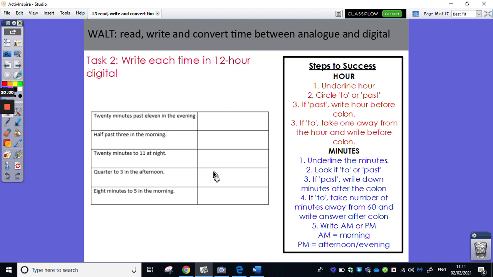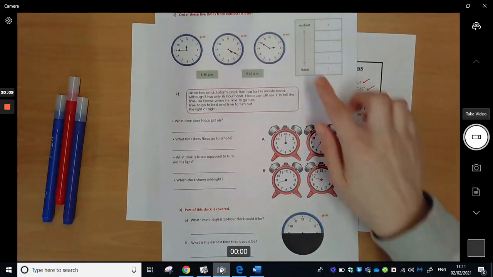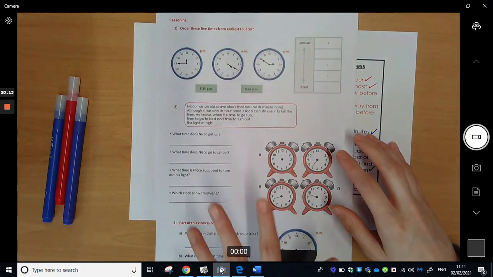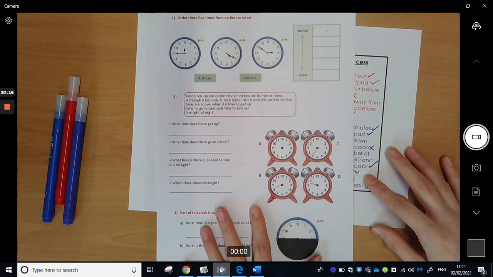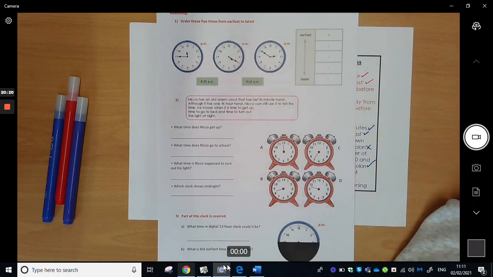And do go back and have a look at the last example if you need to help you. Once you have finished, you have, after task 2, some reasoning questions to get on with as well. So think about them really carefully. There's a few there. Do try and have a go at them all. And if you're really not sure, make sure you check the answer sheet and then we can go through some of them in our briefings together.